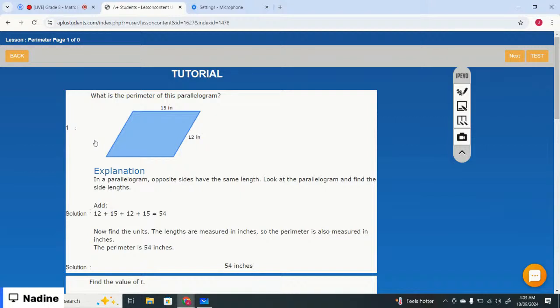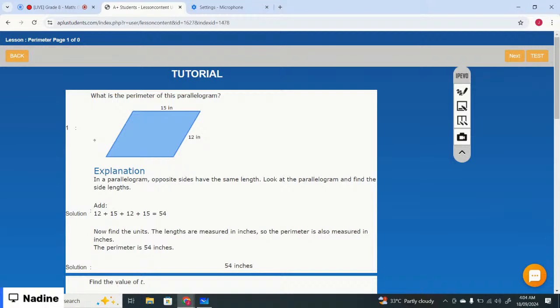For the perimeter, you need to add all the side lengths of the given shape, right? In a parallelogram, opposite sides have the same length. So they are 15 plus 15 plus 12 plus 12, right? When you add, that makes 54 inches. The perimeter of this parallelogram is 54 inches. Got it?